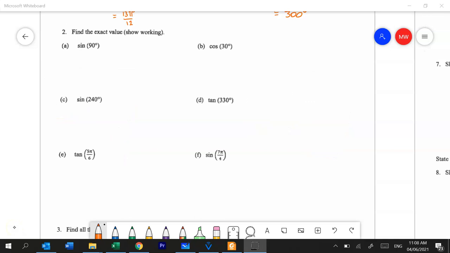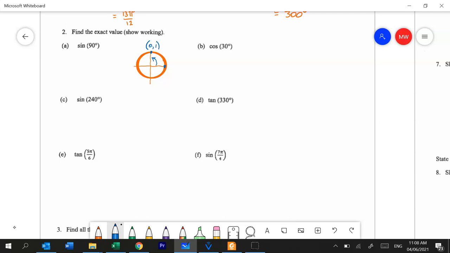Question 2, we're finding exact values. So here we are, we've got ourselves at sine 90. So if we draw that on the unit circle, we've started here, and we've rotated to here through 90 degrees. And this point, if we write in the coordinates, is 0, 1.